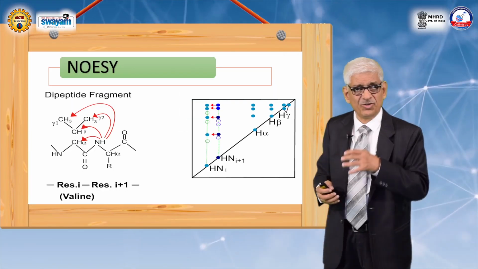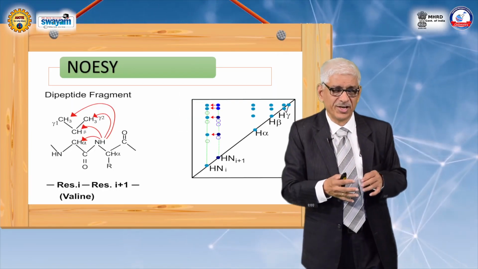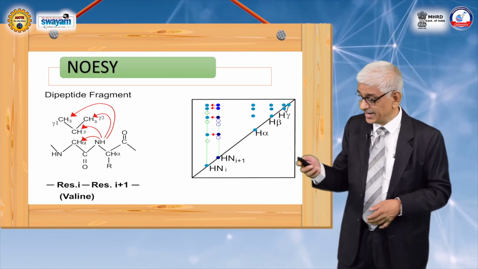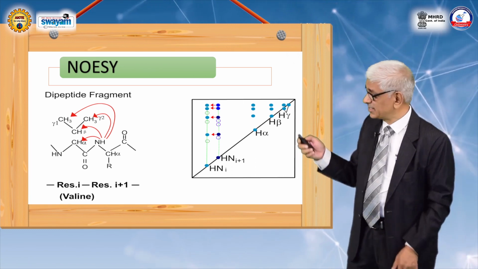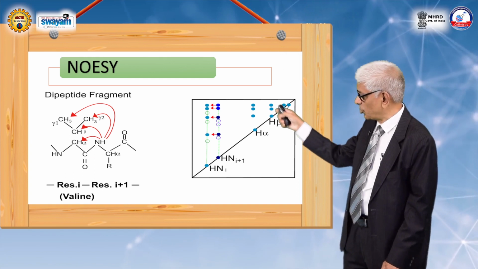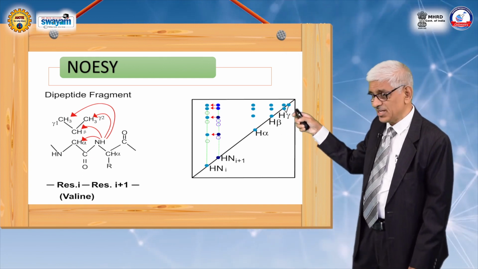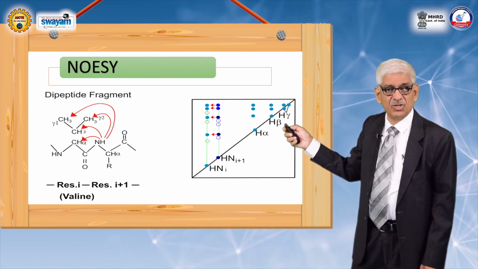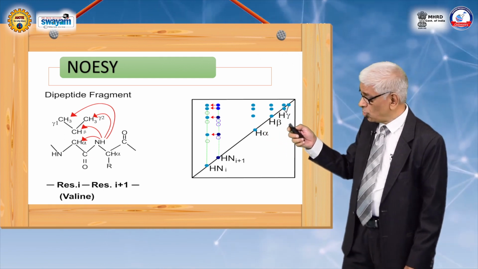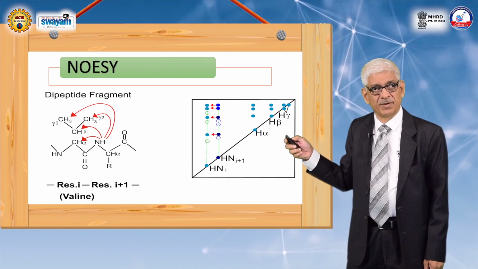An illustration of this with regard to applications in chemistry, or applications in protein structure determination. Once again I use the same dipeptide here. On the left side I have the schematic of this molecule, on the right side I have the schematic of the spectrum. So what peaks do you see? I see here all the peaks which are present in the COSY spectrum as well.